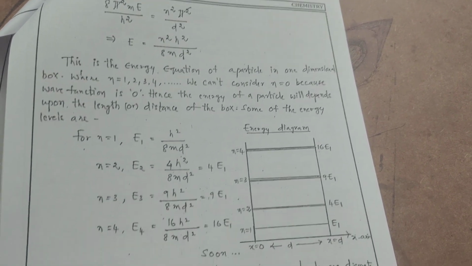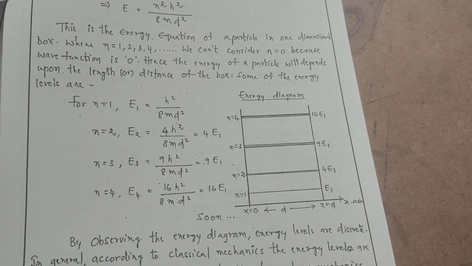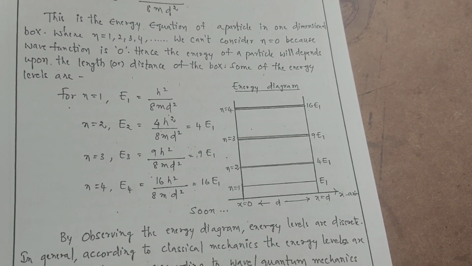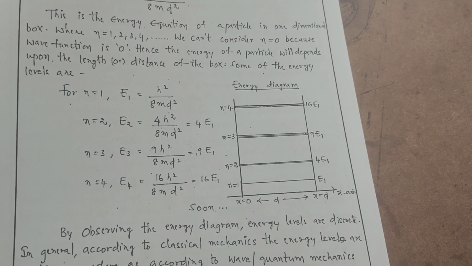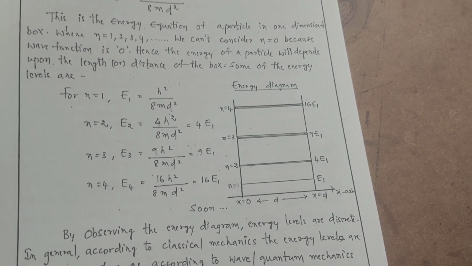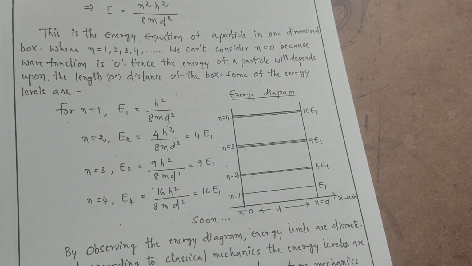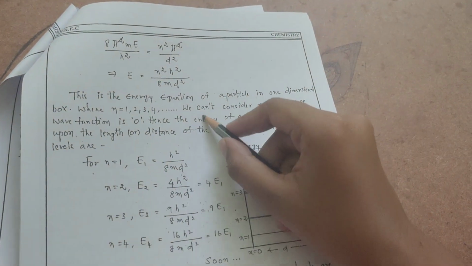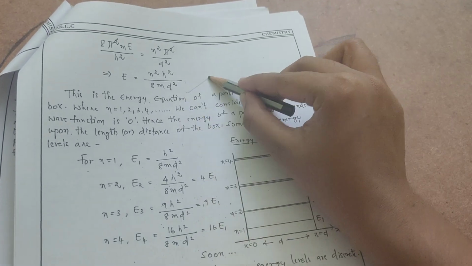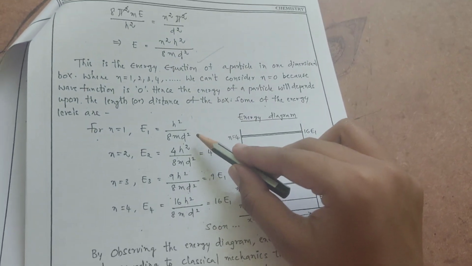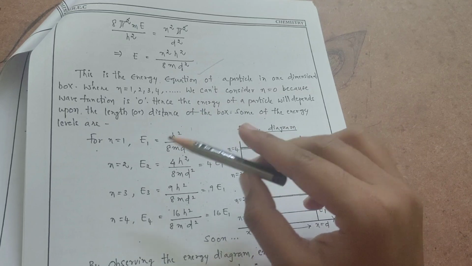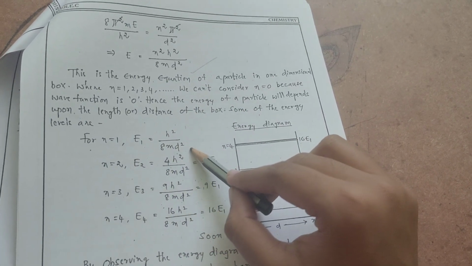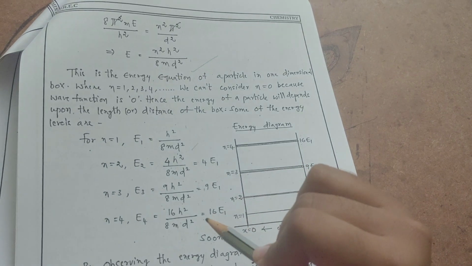Hence, the energy of a particle will depend upon the length of the box. Some of the energy levels: we can see here for n equal to 1. When we take n equal to 1 and apply E from here, E1 is equal to h squared by, here n is 1, so 1 square is 1, by 8 m d square.